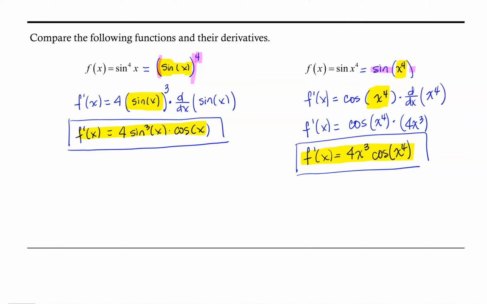So the location of that exponent, or what you are actually raising to a power, is very important, and paying attention to that and understanding what the mathematical notation is trying to communicate will help you be successful.